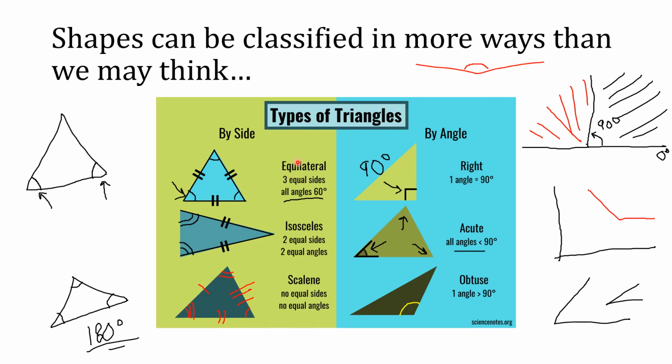So basically what we have here is that every equilateral triangle has to be an acute triangle as well, because all the angles have to be smaller than 90, and the equilateral triangle satisfies that, and it doesn't meet the criteria for being a right triangle or an obtuse triangle. So all equilateral triangles are also a type of acute triangle, but you could have an obtuse isosceles triangle or an acute isosceles triangle or a right isosceles triangle.